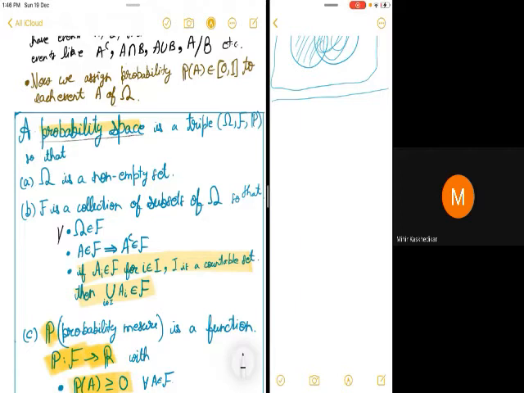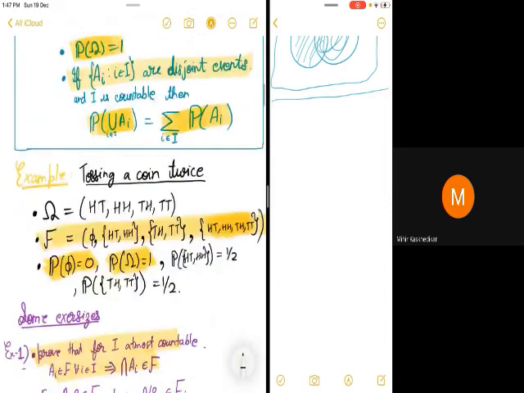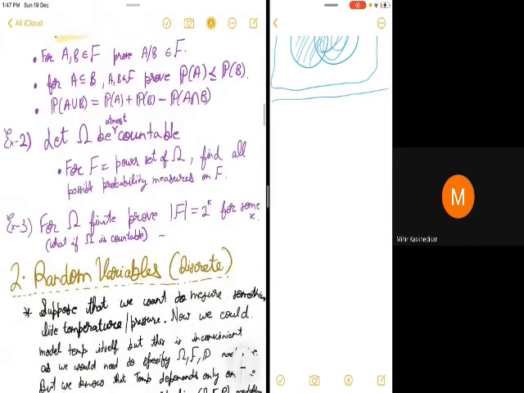And the second thing is that if a subset A belongs to F, then A complement belongs to F. And the third thing is that if we have finite or countable sets A_i belonging to F, then their union also belongs to F. So you can see F as the collection of all subsets which we are interested in, and we make these three axioms to define F. So is this clear? Okay.